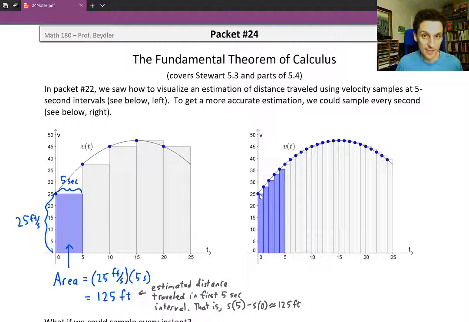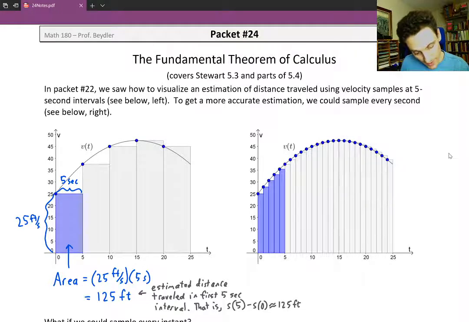Now we're using that as the sample velocity for only the first second. Because at t equals 1 second, we have another sample velocity reading. So that's going to be whatever that is, like 28-ish. And we'll use 28 feet per second for the next 1 second interval, and so on. So we're going to get 5 calculations just on that first 5-second interval.